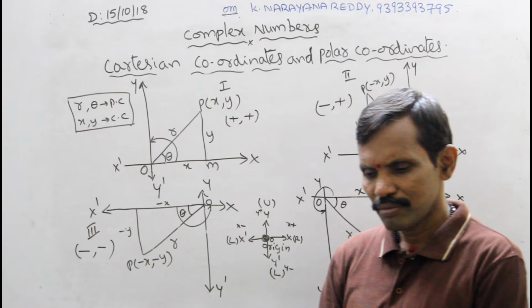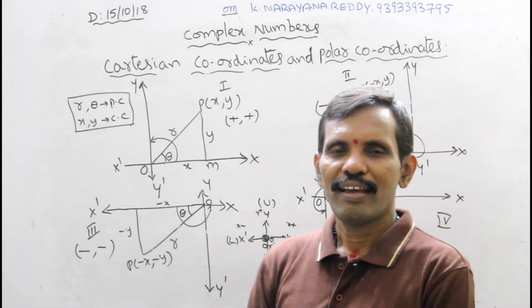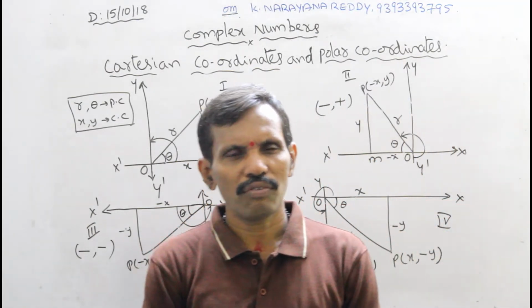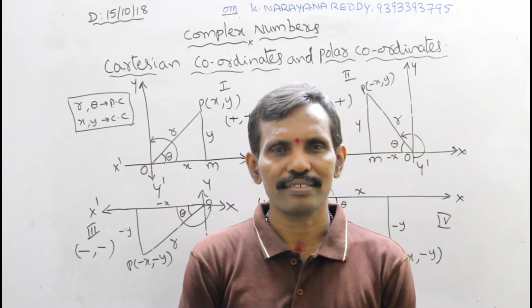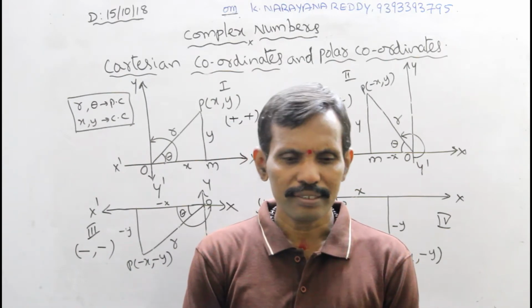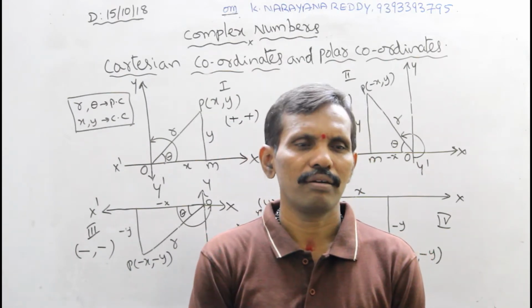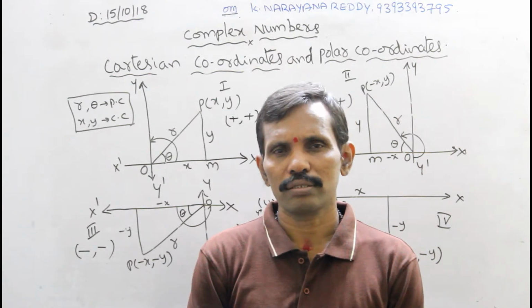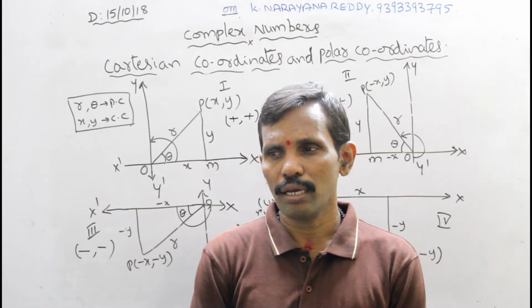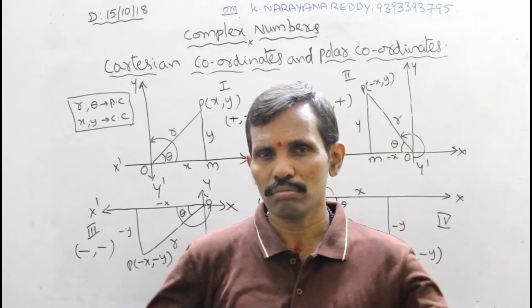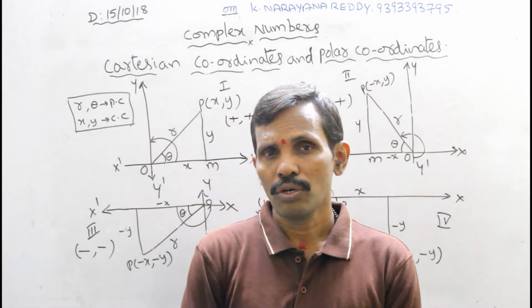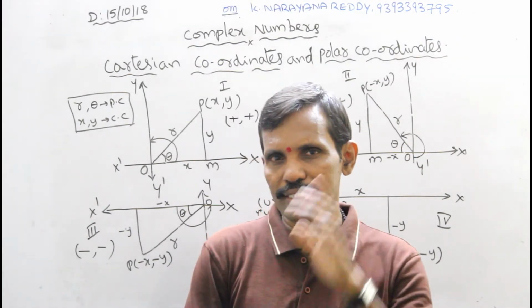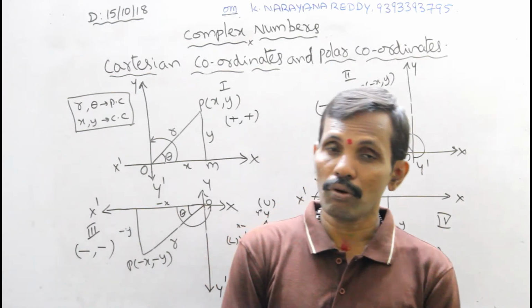Shortcuts. Dear friends, in mathematics you can always follow shortcuts, because we can't remember all the formulas or all the theorems or other things in mathematics, but whenever we follow shortcuts, you can remember all the things.